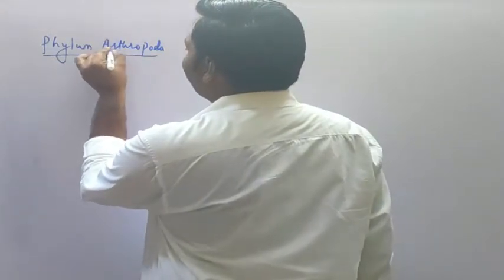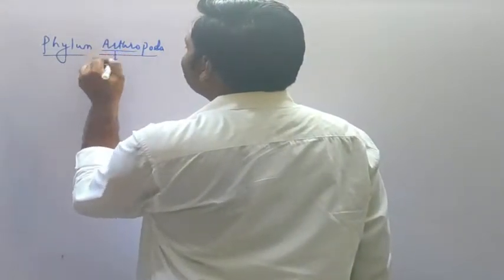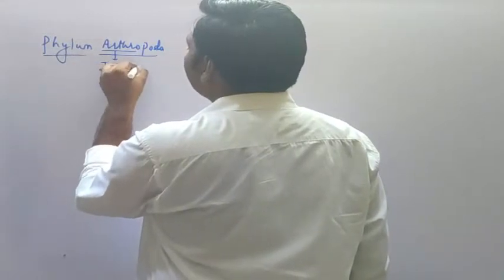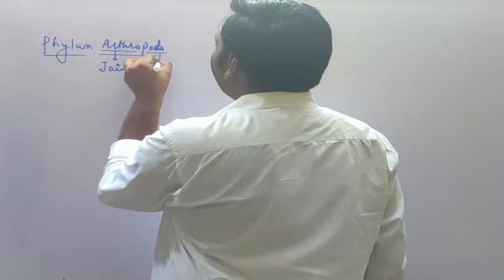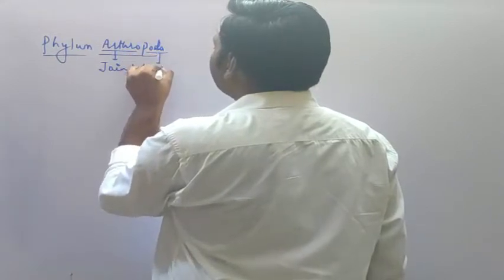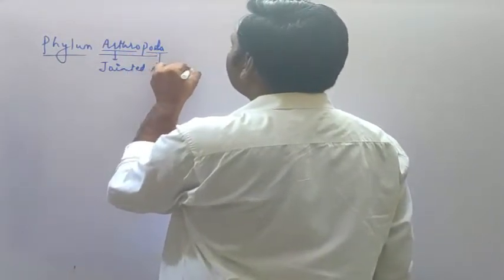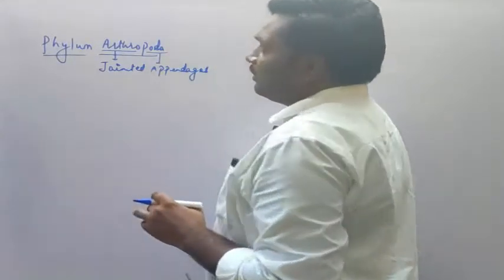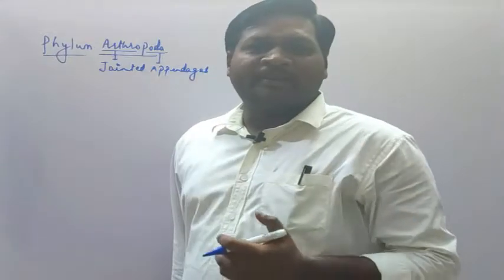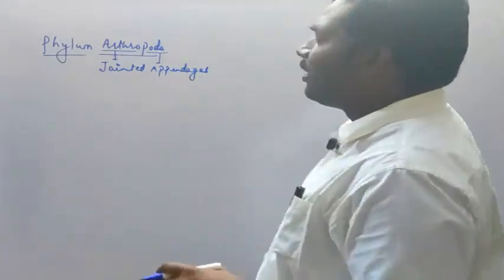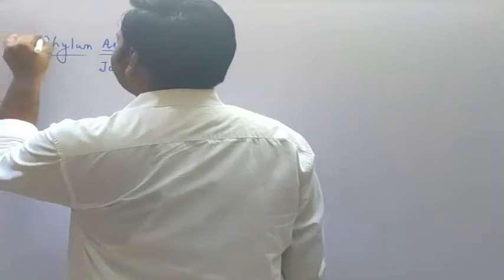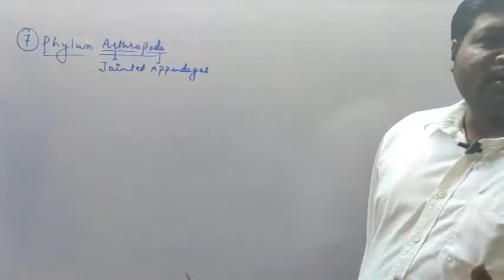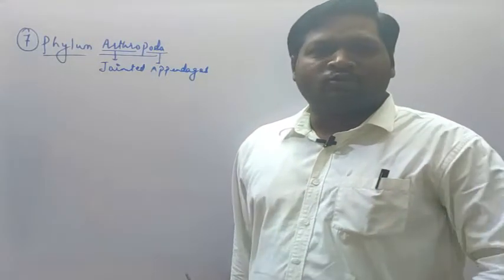The word itself indicates: arthro means jointed and poda means appendages. So the animals which have jointed appendages are included under phylum Arthropoda, and this is the seventh phylum. Now let's see the general characteristic features of the phylum Arthropoda.